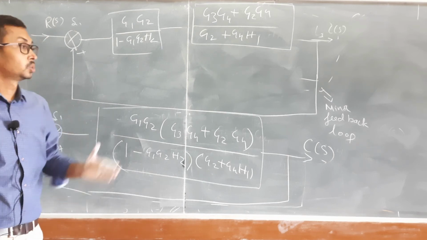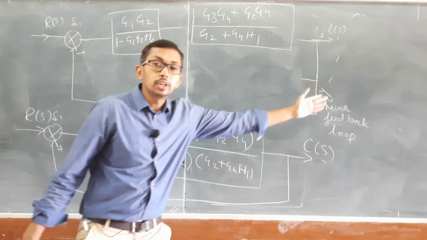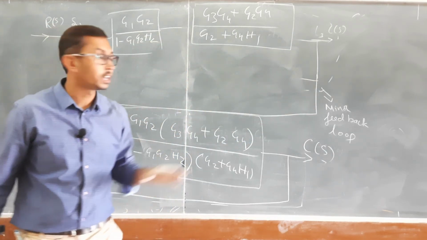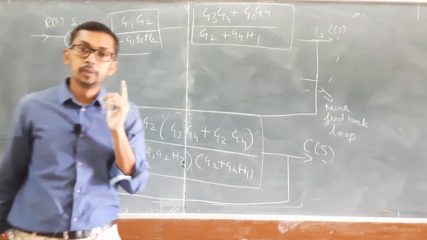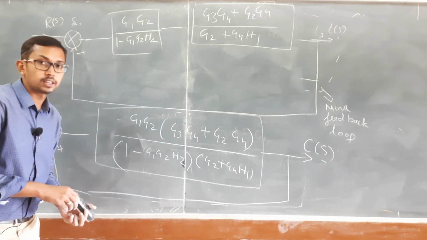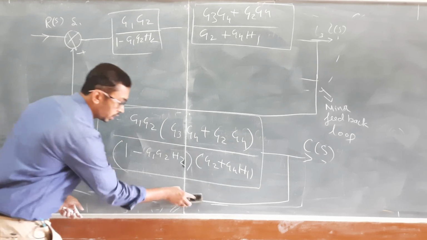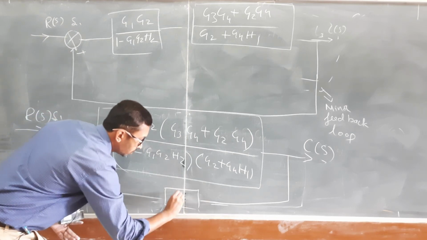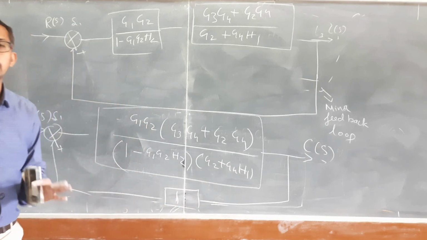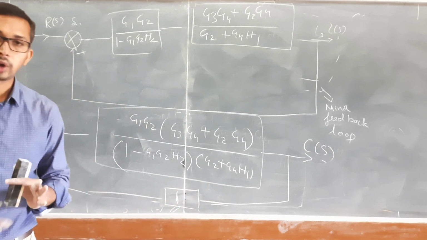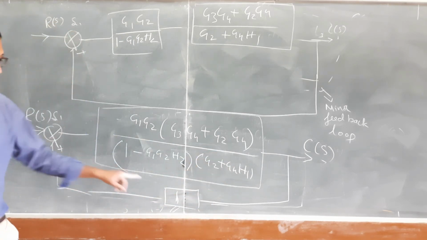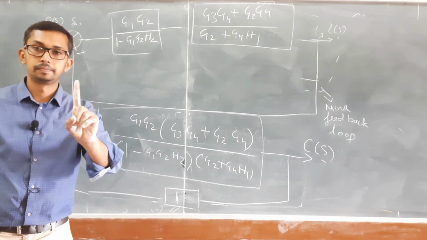No blocks are there, so this is called a unity feedback system. So if nothing is there in that signal, we need to add a block of 1. You have to remember this: if nothing is there, you need to add a block of 1.